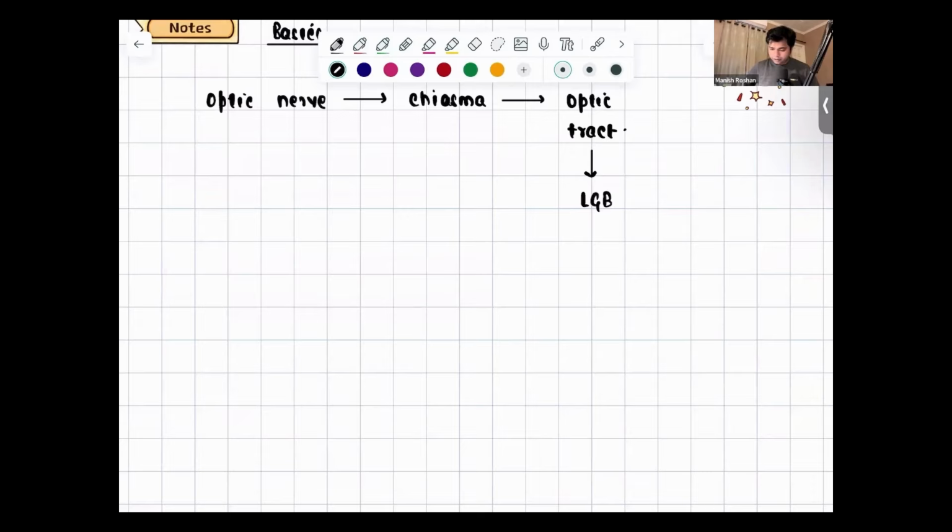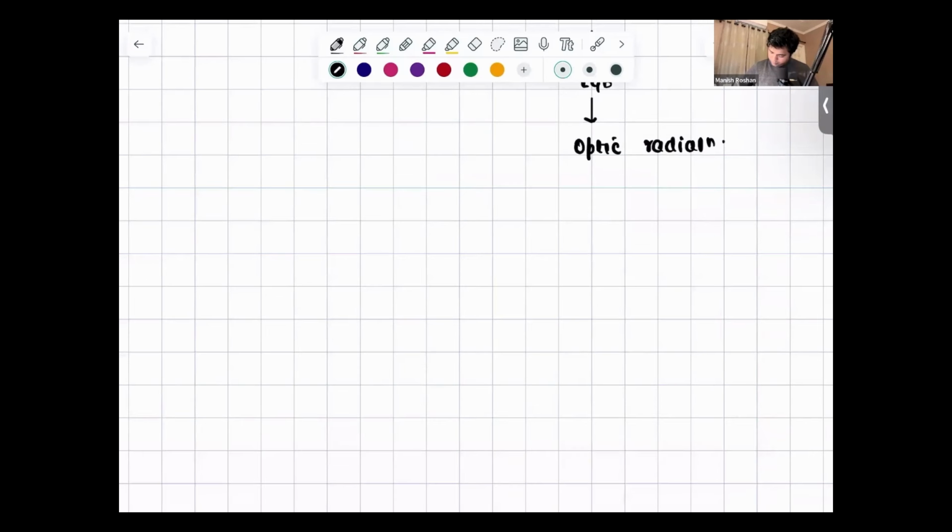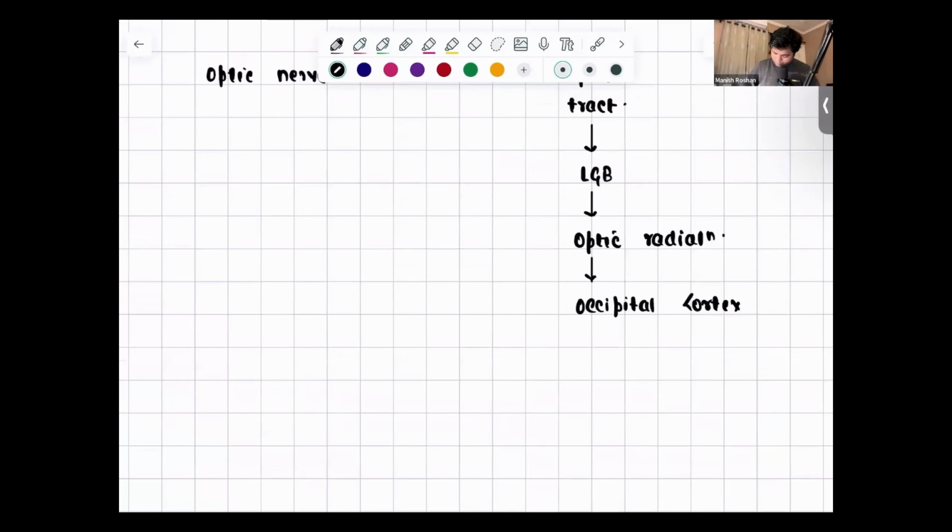Then we have optic radiations, and then it will go to the occipital cortex. Before I move forward, just a view of what is happening in the occipital cortex.